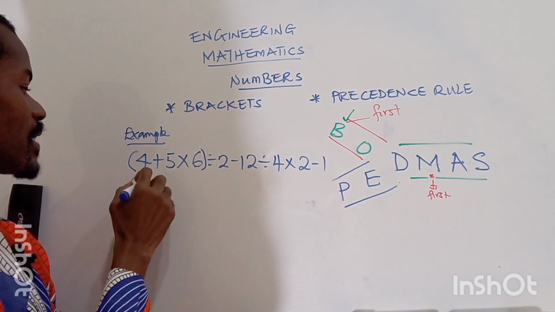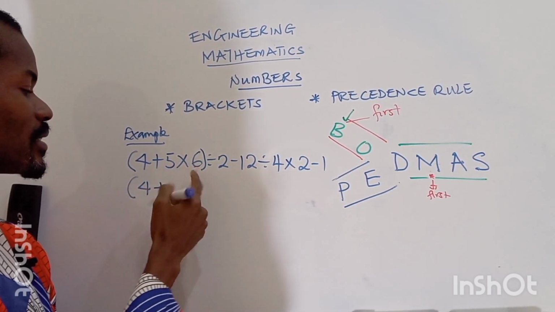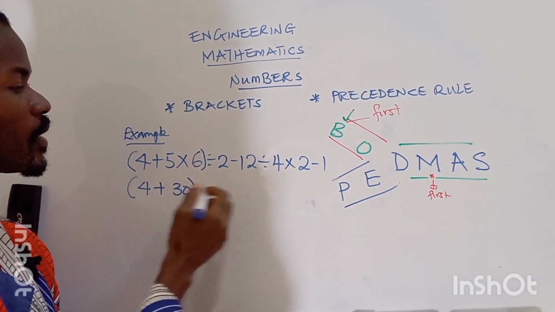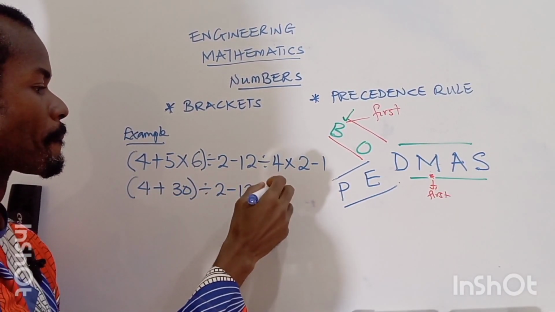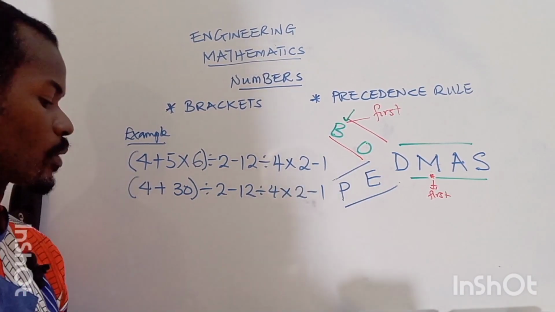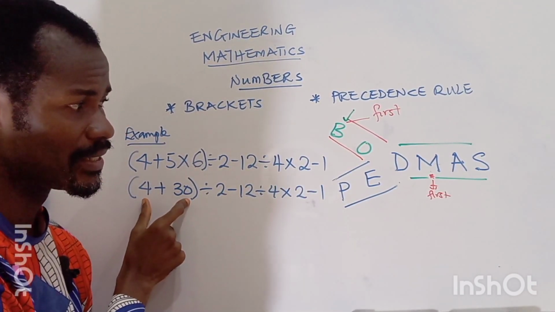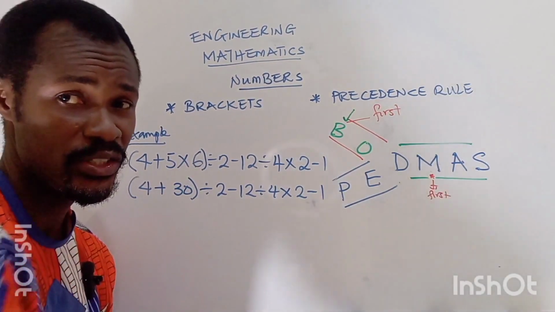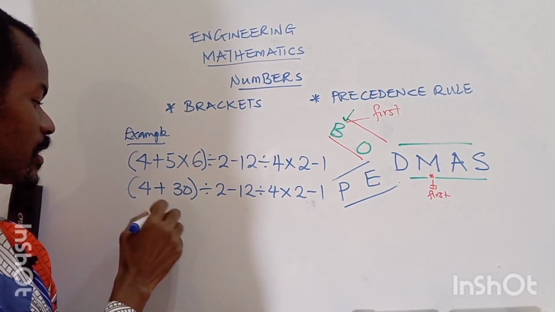So we're going to have this as 4 plus. Now we're doing this first, so 5 times 6 is 30. Now we're going to write the rest. Then finally, we finish up the bracket by adding this, which is the addition. So we have 4 plus 30, which is 34.